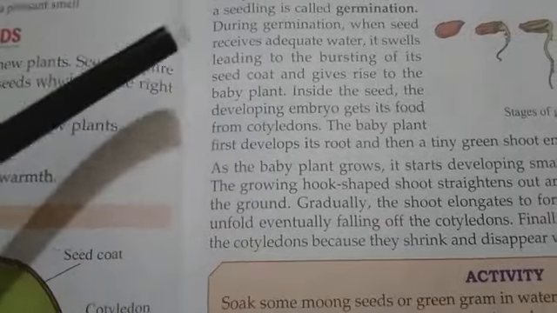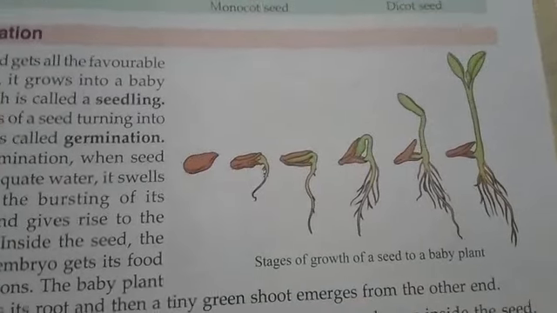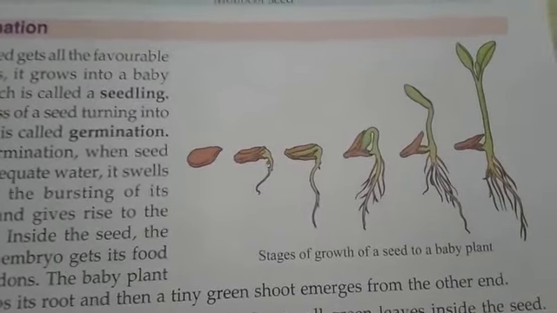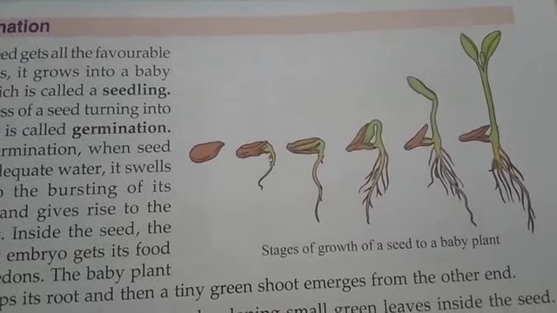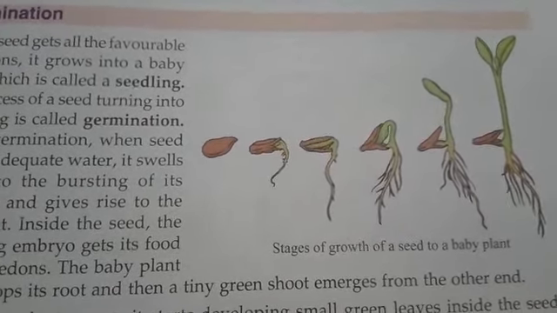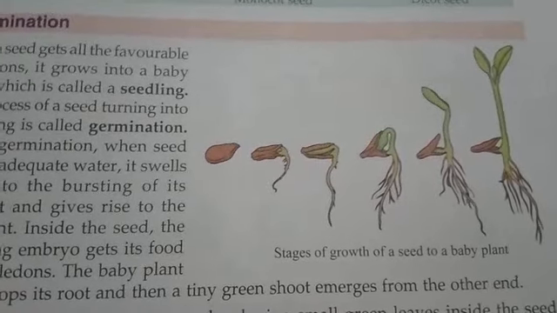And we already know what germination is. When a seed gets all the favorable conditions, it grows into a baby plant, which is called a seedling. This process of a seed turning into a seedling is called germination.